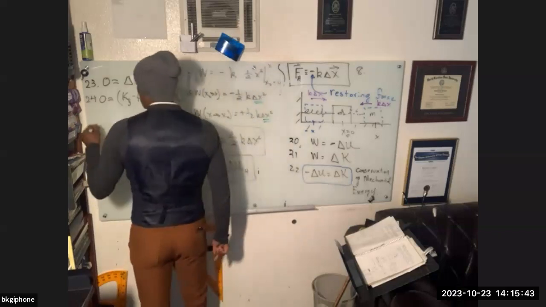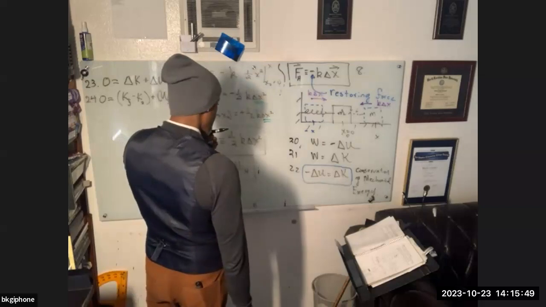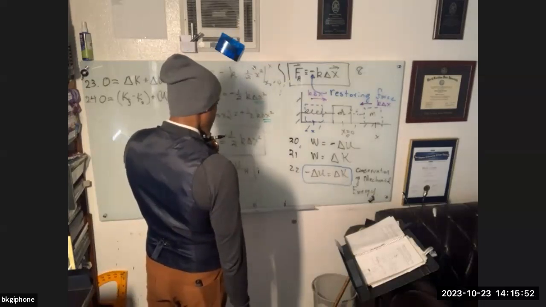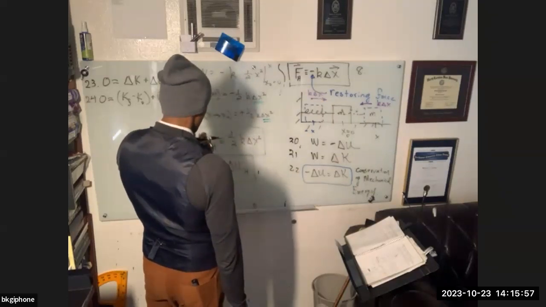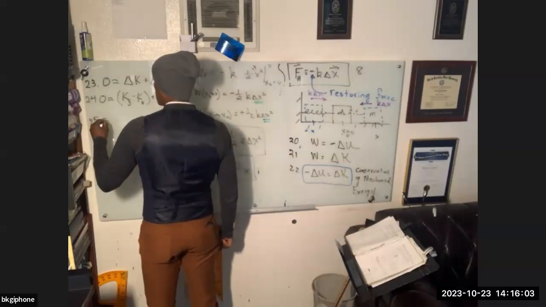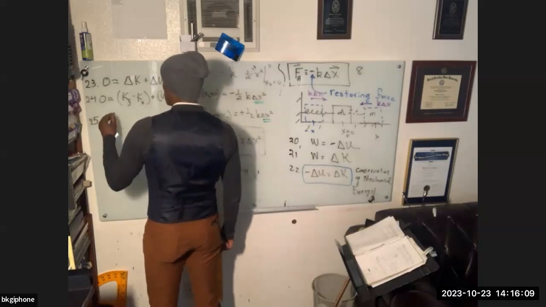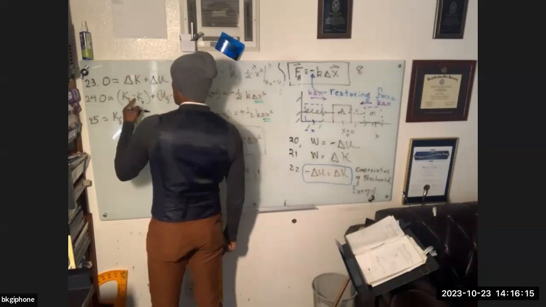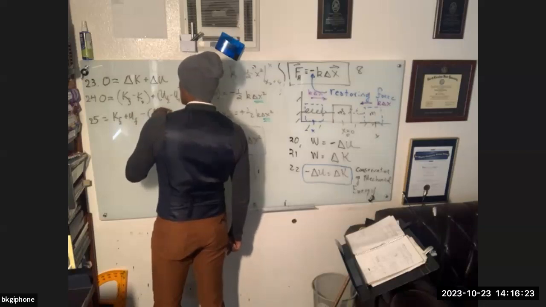So if I get all the initial and final stuff on the same side, wait, am I missing a minus sign? No. So this is going to be K final plus U final, and then I have a minus K naught and a minus U naught. So that's the same as minus the quantity K naught plus U naught.